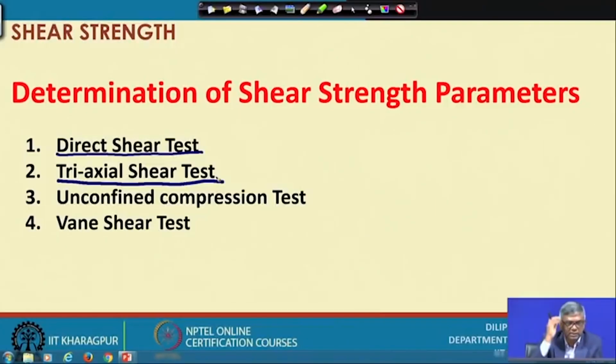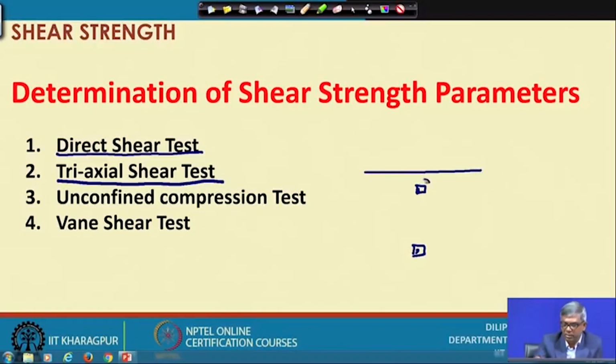This triaxial shear test is a unique and universal one. Triaxial means three stresses we can apply. As I have mentioned before, if this is the ground and I take a sample from here and a sample from here, the stress condition here and here is totally different.